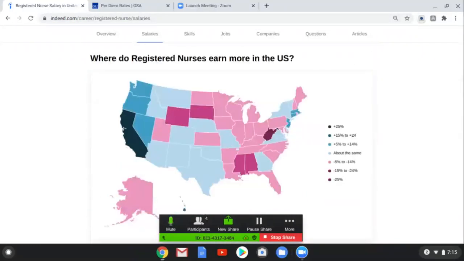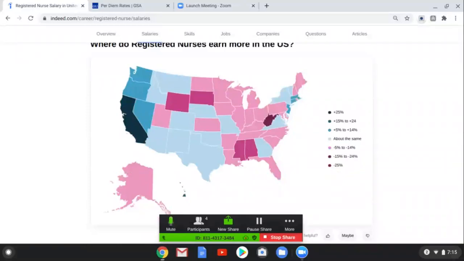And then this is also a great resource because it kind of shows where registered nurses earn more. And we touched on this. So this is kind of the map that I talked about not too long ago. And it kind of says a lot of what I was saying. So this is Massachusetts, Connecticut, New Hampshire, Maine, Vermont, this area, New York, and then West Virginia.